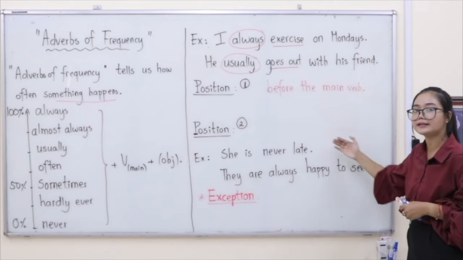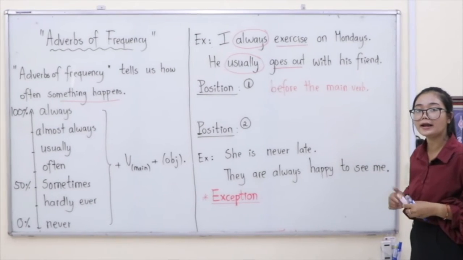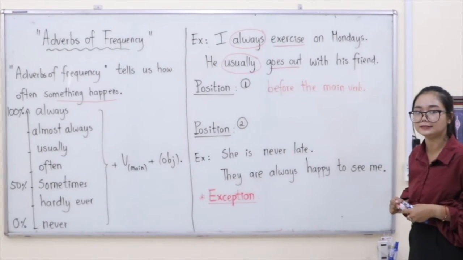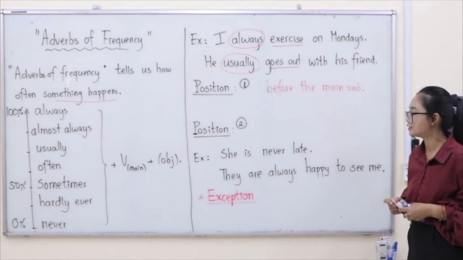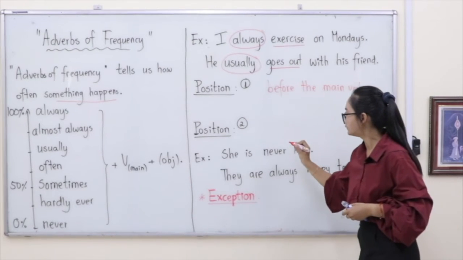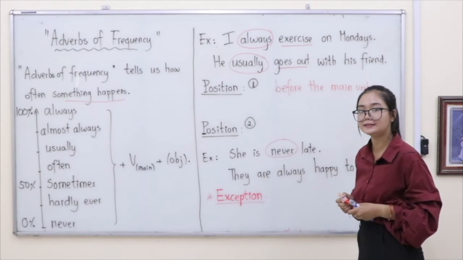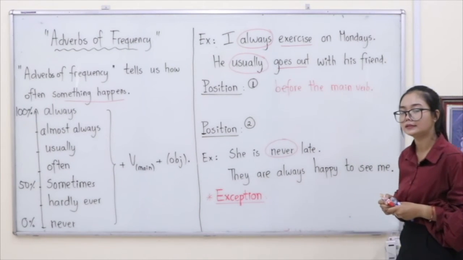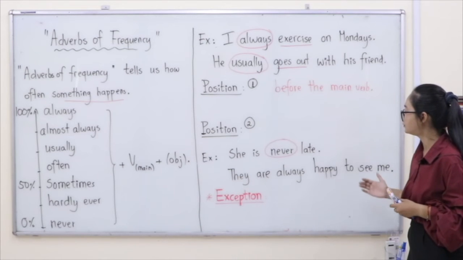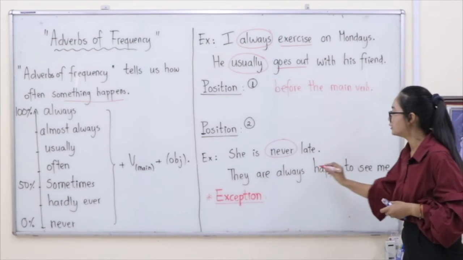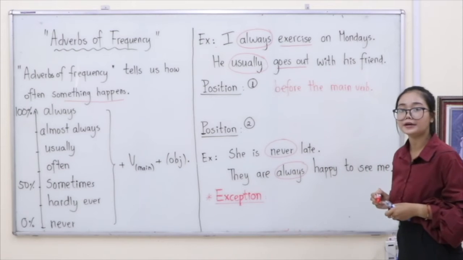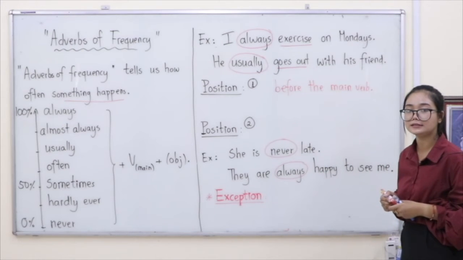So in this example, please tell me, where are the adverbs of frequency? In sentence number 1, never is the adverb of frequency. What about sentence number 2? Always is the adverb of frequency. So where are they?